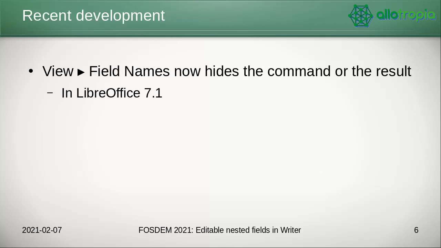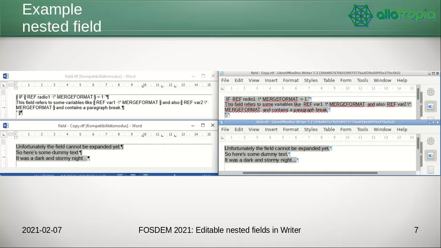So that was for 6.4, and more recently we have added the ability to show or hide the field result and the field instruction, just like Word does. So you can use the field names menu item, and this will be in the 7.1 release. And basically, you can see a screenshot.